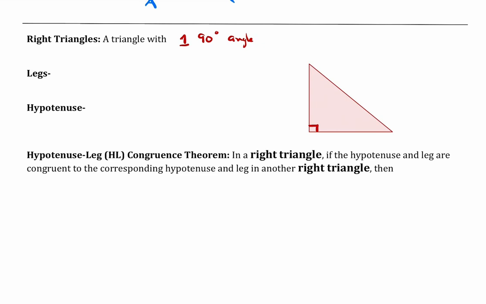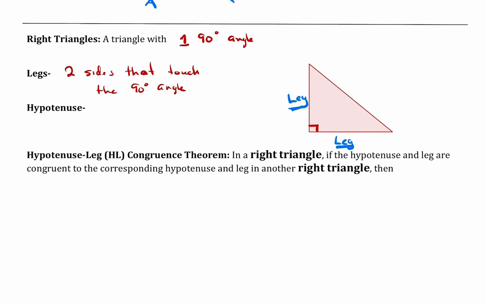And so the legs of a right triangle are the two sides that are touching the 90-degree angle. So that means that this is a leg and this is a leg. Okay, so we have two legs, which makes sense because we as people also have two legs.